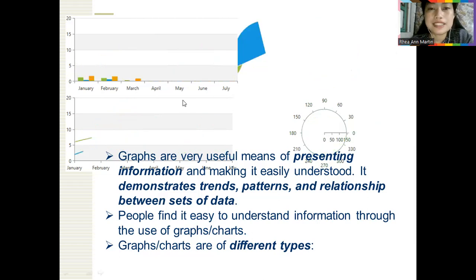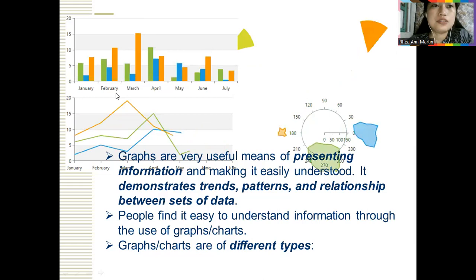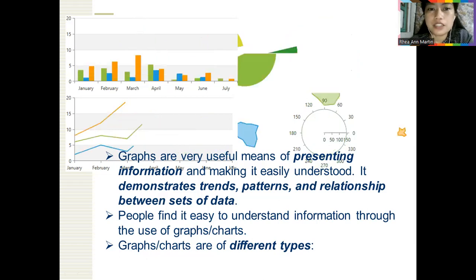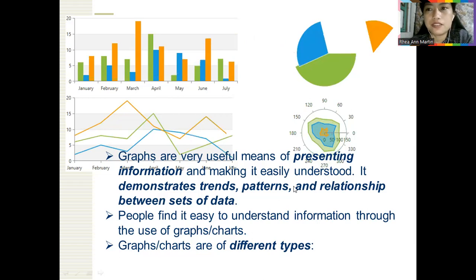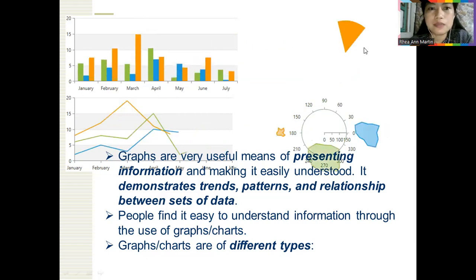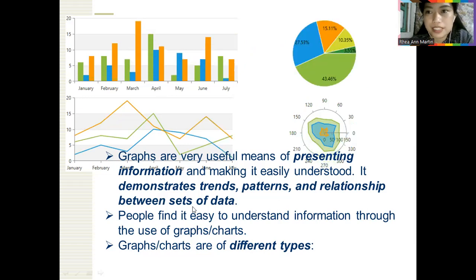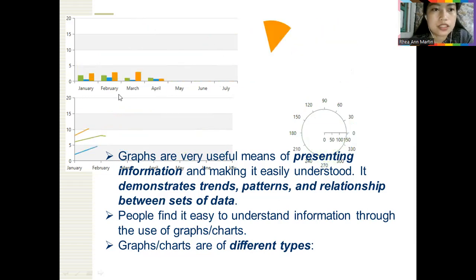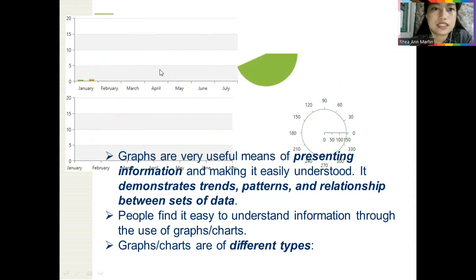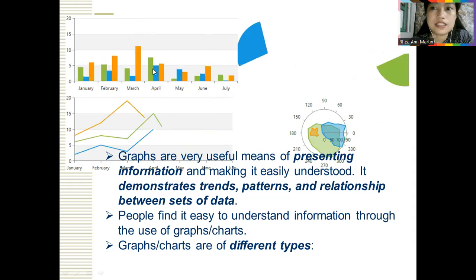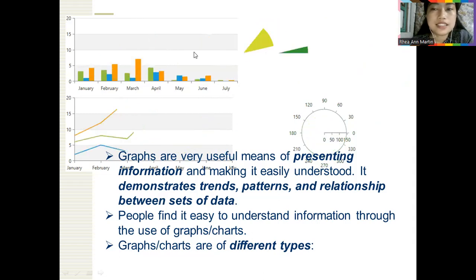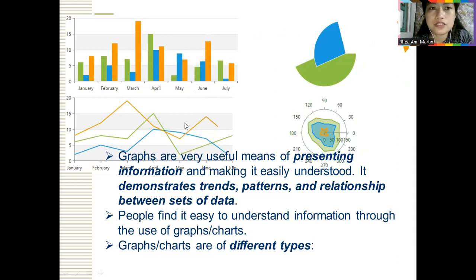For me personally, it is easier to interpret a picture that you see than words and data. With words and data, you have to read through everything to understand. While in a picture alone, as long as the labels are there and correct and there's a legend telling what the green, the blue, or the orange represents, you already know what the picture is talking about.